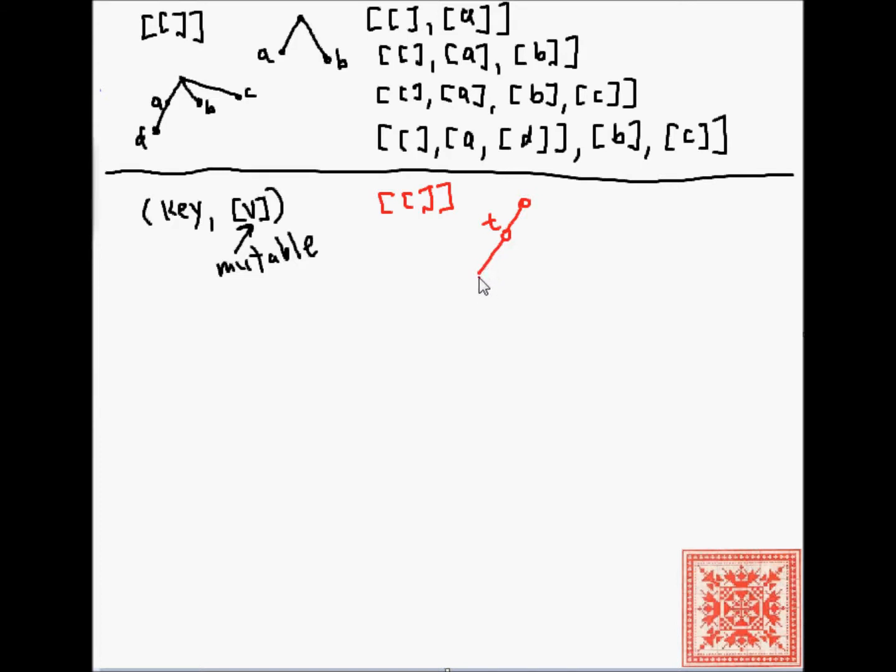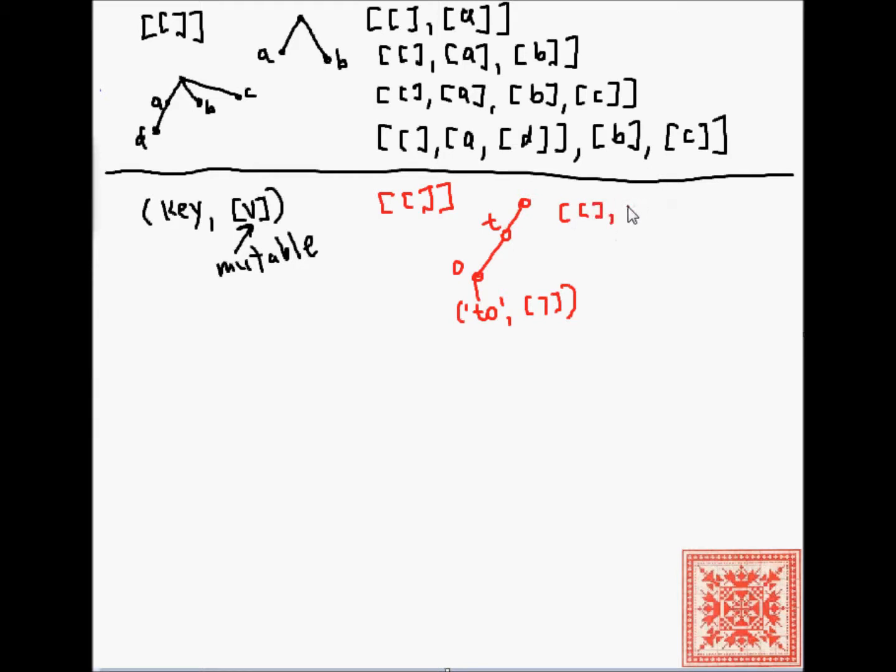For example, we start with the empty tree, and then let's say we insert the key TO, and here's the bucket: the string TO and the value, let's say, 7.